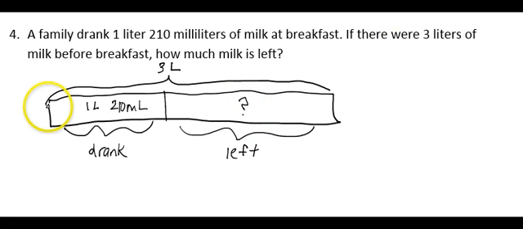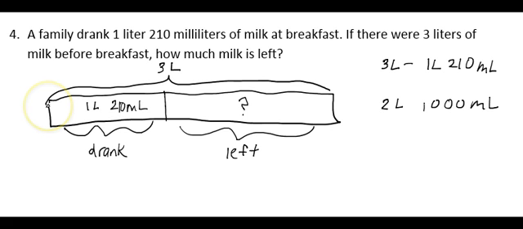So if I think about this, I have to do 3 liters minus 1 liter and 210 milliliters. I can see that I'm going to need to do some regrouping here. So I'm going to think about my 3 liters as 2 liters and 1,000 milliliters. That way I can subtract the 210 milliliters.